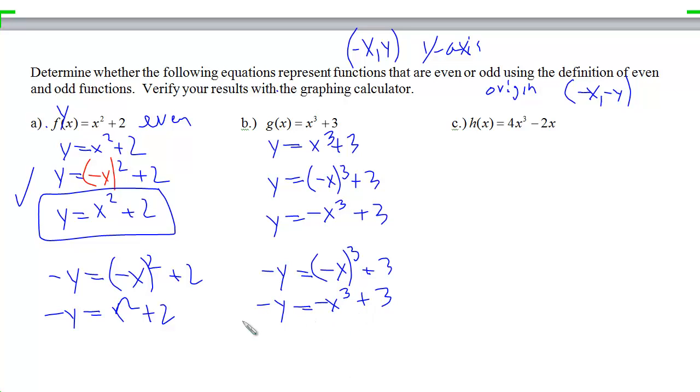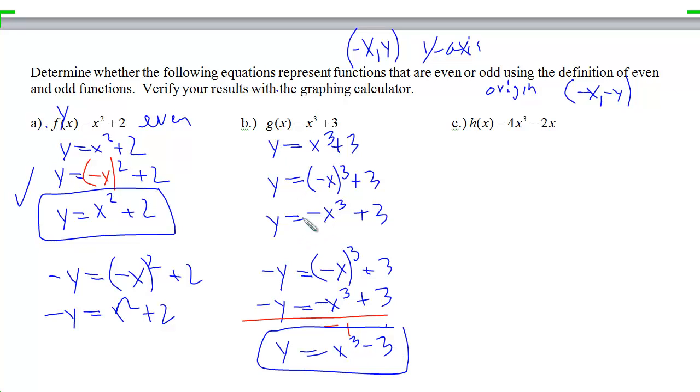And if I go ahead and change all this by a negative 1, that gets me y equals, flip it back, x cubed minus 3. So again, this is not equivalent. Circle these so we can see. This would be a no. This would be a no. Because of the minus 3, it should be a plus, so this one is neither.